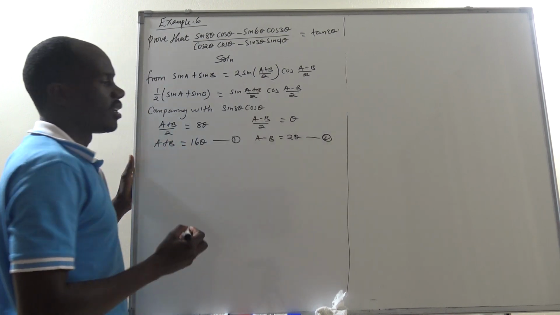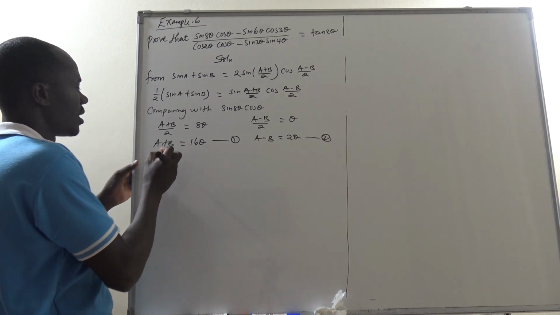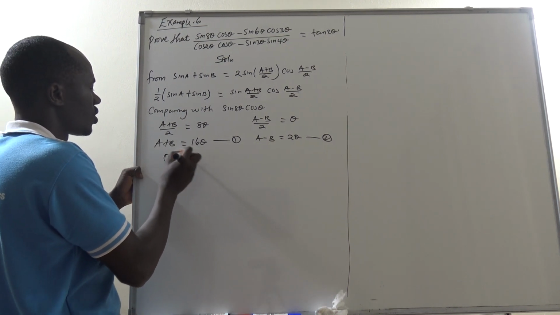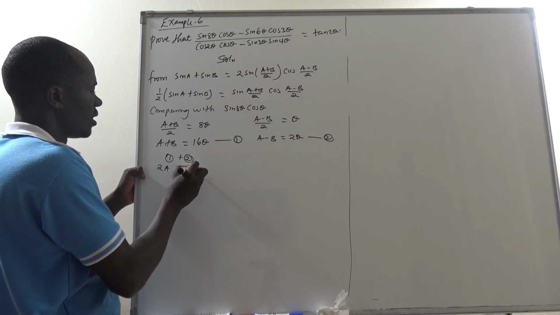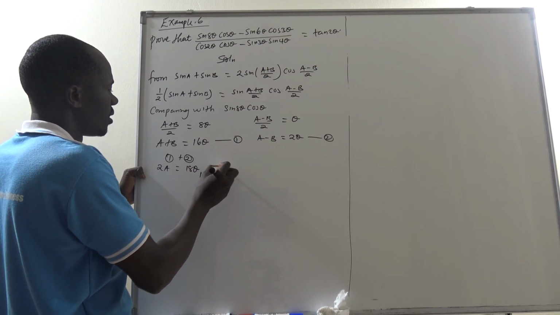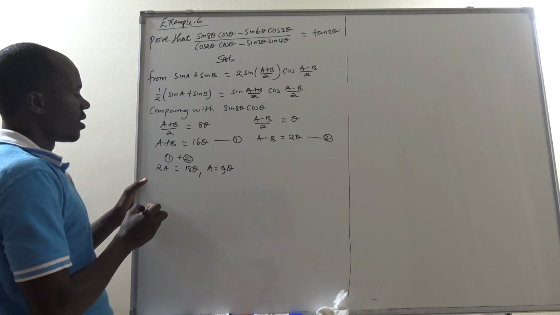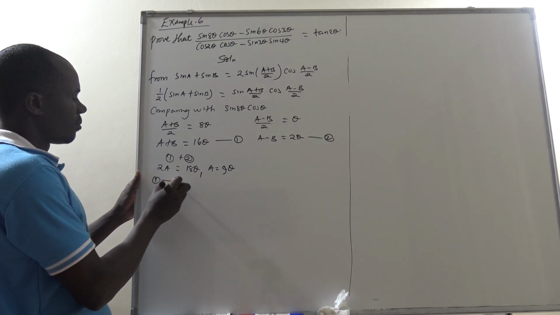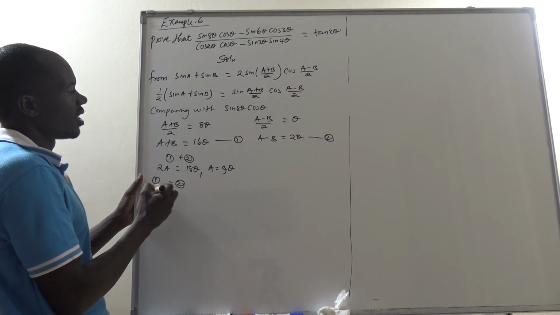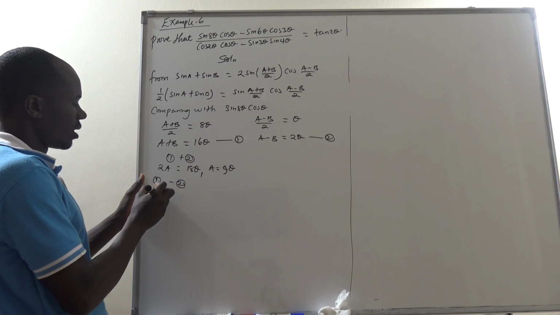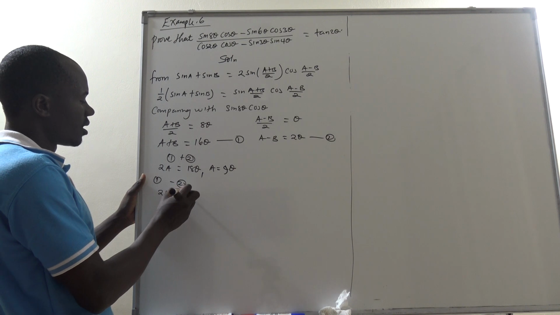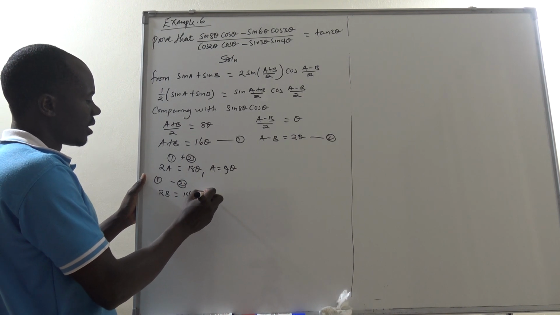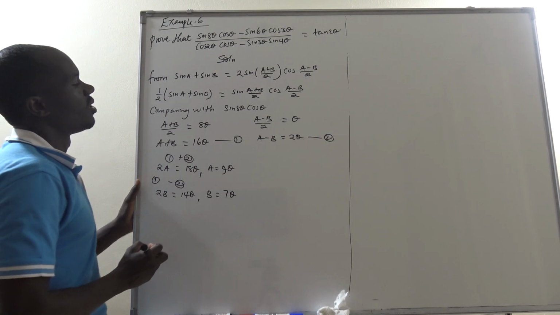This is the second. We solve 1 and 2 simultaneously. Equation 1 plus 2: we are having 2A = 18θ. What is A alone? A is 9θ. We also say equation 1 minus 2: A minus A, 0; B minus minus, we are getting 2B = 16θ − 2θ, which is 14θ. This implies that B = 7θ.